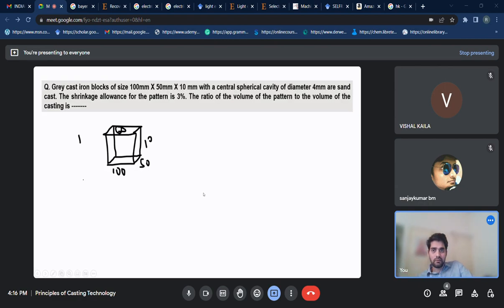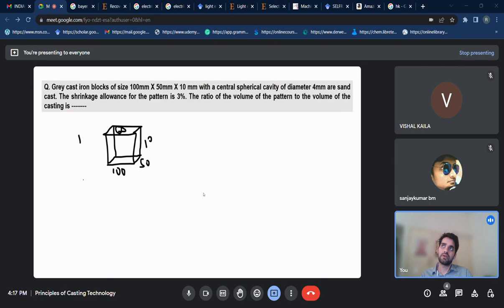There is a cavity which has 4 mm diameter. Then the shrinkage allowance for the pattern is 3%. So anyone who would like to try this problem and tell what the ratio will be, after that I will be solving it for you.